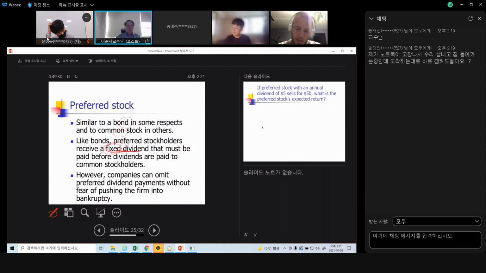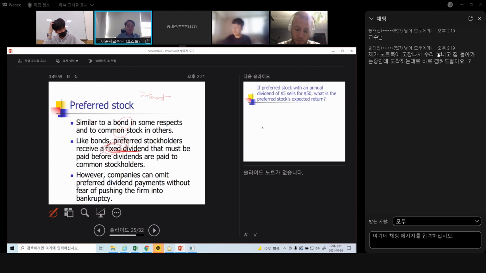Okay. So this fixed dividend is sort of similar to the interest to bondholders, right? So the fact that preferred stockholders receive the fixed dividend is a very similar characteristic of bondholders, right? That must be paid before dividends are paid to common stockholders.